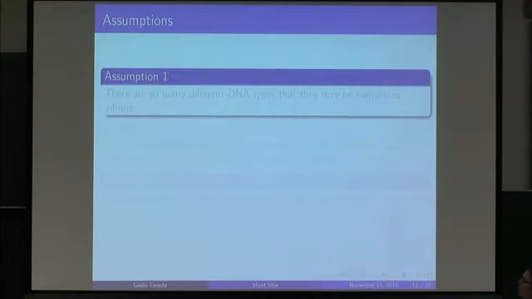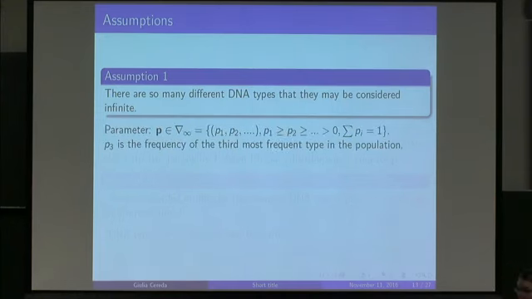So let me start with the assumptions of my model. The first assumption is that there are so many different DNA types in nature that you can consider them as infinite. It means that I can use for my model an infinite vector containing the frequencies of these profiles.